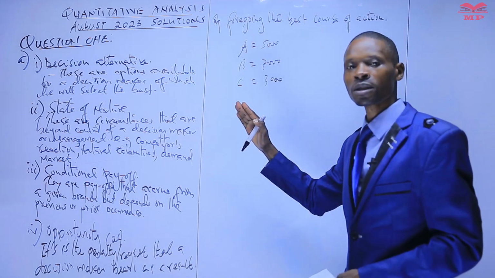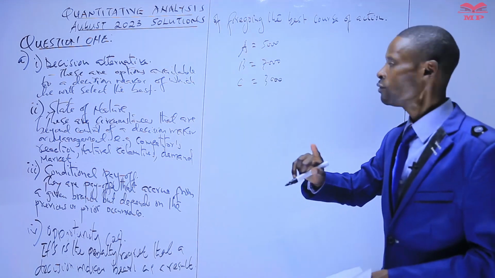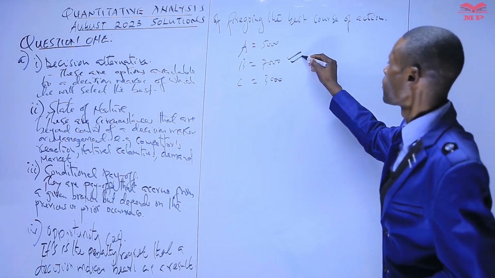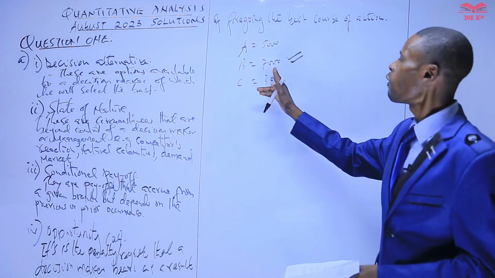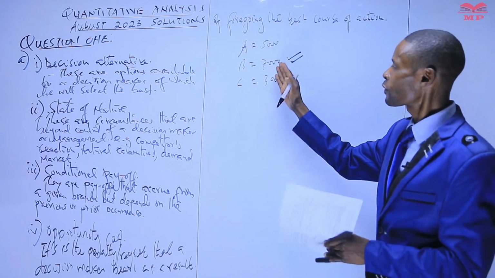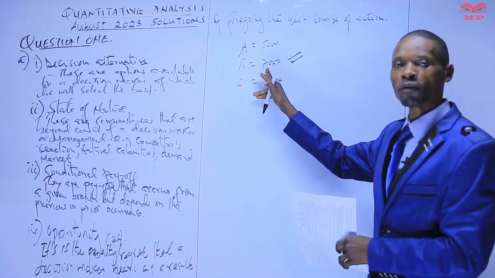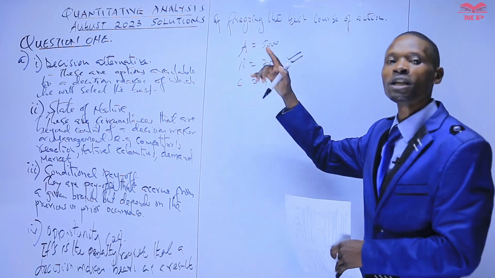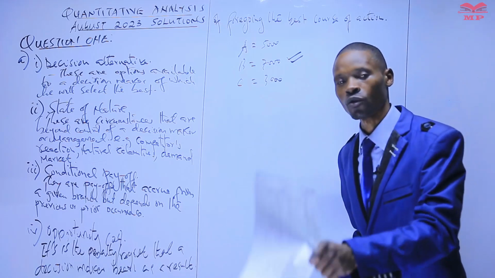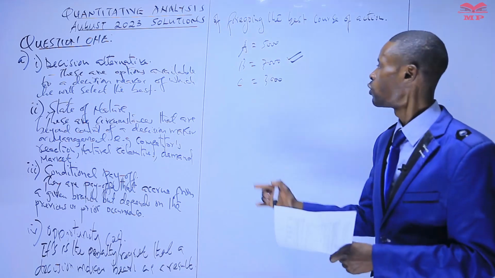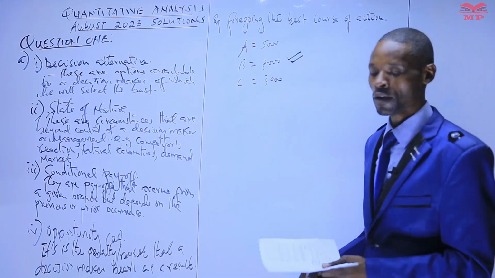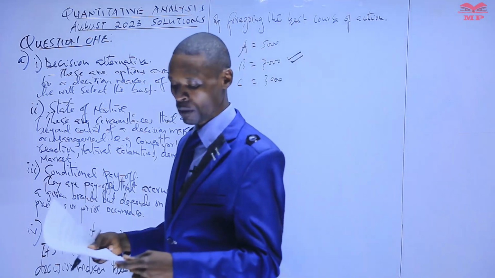So in that case, the best alternative in this particular scenario is B. So if you forego B and maybe choose A, then the difference between the payoff of B and the payoff of A is what we call the regret or the opportunity cost. That is the penalty of not choosing the best course of action. I believe that is very clear, my good people.